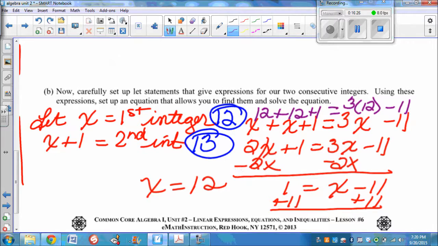I don't have my calculator up and running, so I'm going to do this in my head here. 12 plus 12 is 24, plus 1 is 25, and then 3 times 12 is 36, minus 11 is 25. If you typed that purple equation into your calculator, you absolutely would get a true answer.